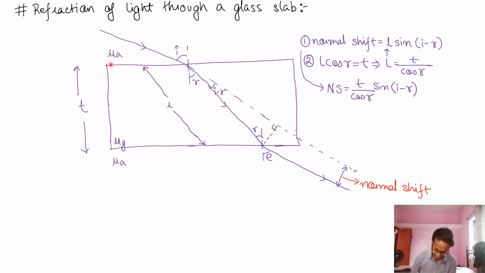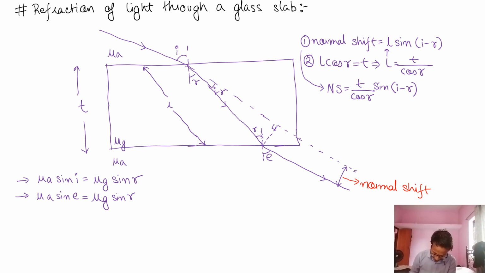Across this surface, can I say mu a into sin i is equal to mu g into sin r? I'm simply applying Snell's law. Now across this surface, can I say mu g sin r is equal to mu a sin e?